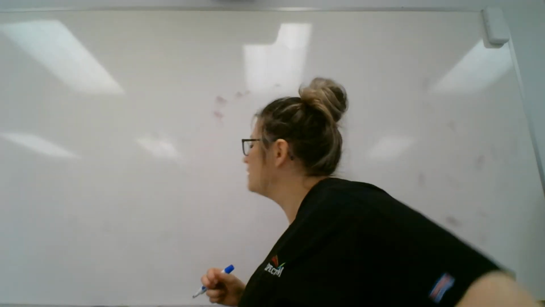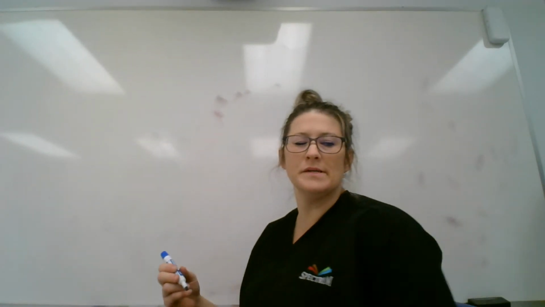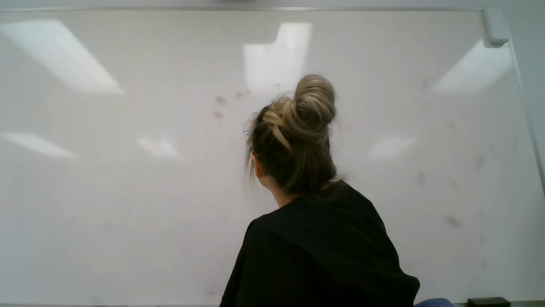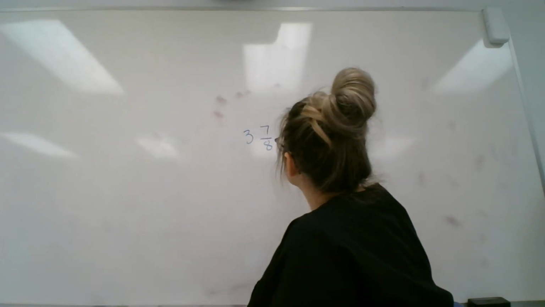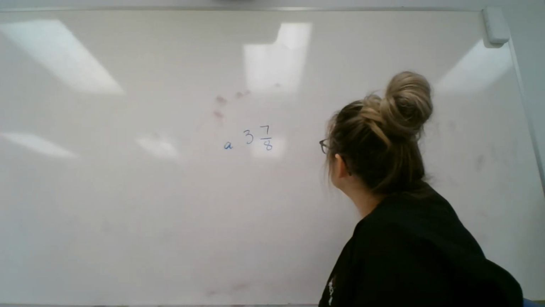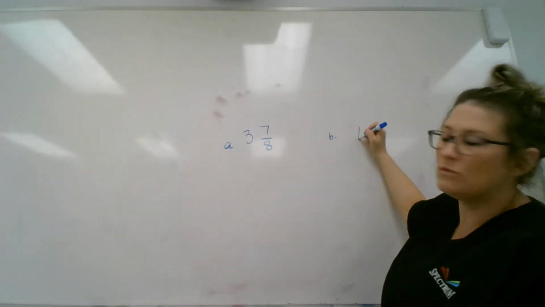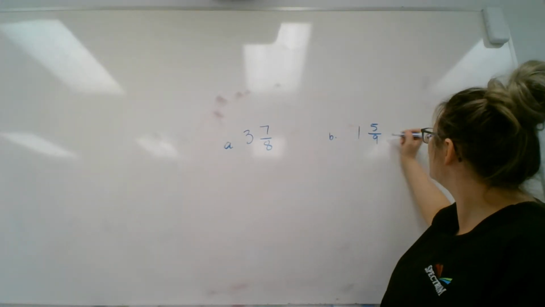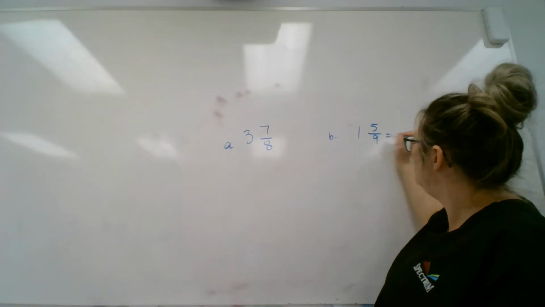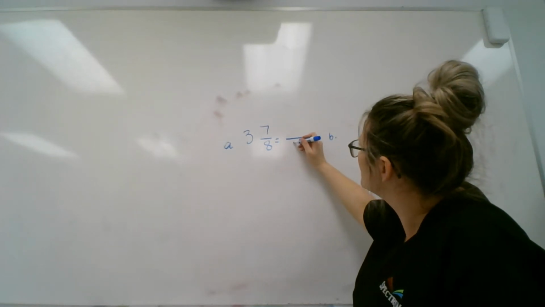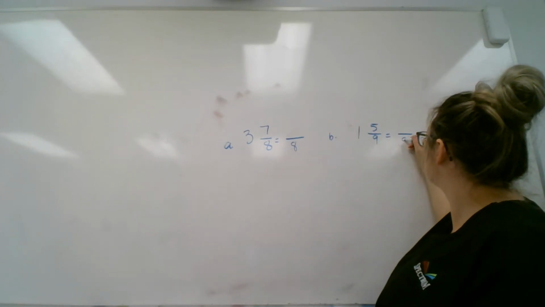Let's go ahead and do A together. I suppose we'll do B too. 3 and 7 over 8, that's A, and B, 1 and 5 over 9. Remember, the denominator stays the same.